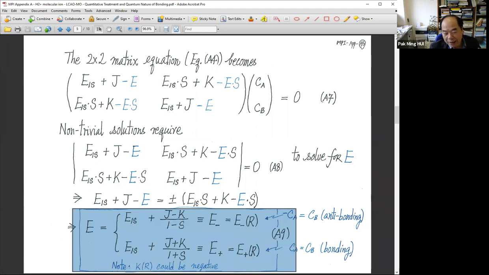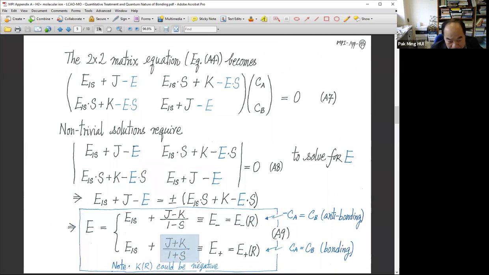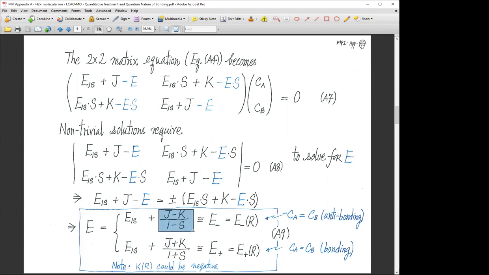One, you see that it is minus 13.6 that forms the basis. Now that is the chemist's two lines out there, all right? And then one value has J plus K over 1 plus S. Another has J minus K over 1 minus S. So everything is involved.